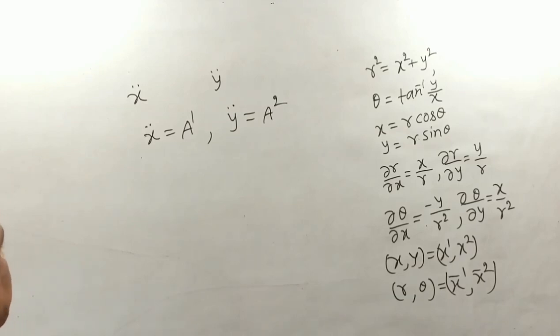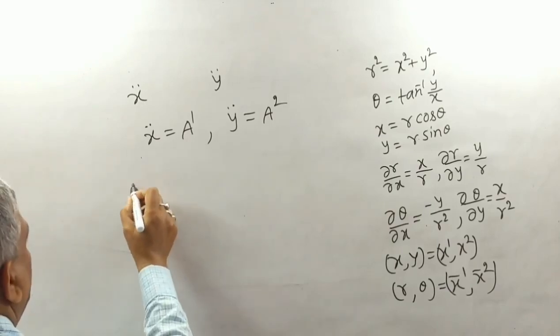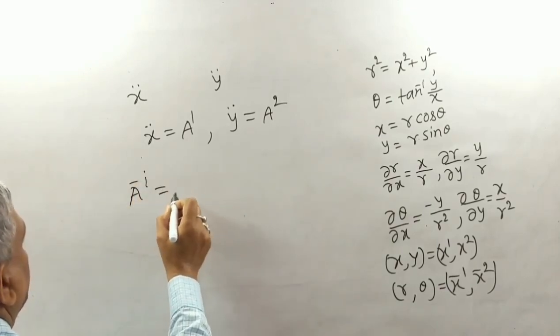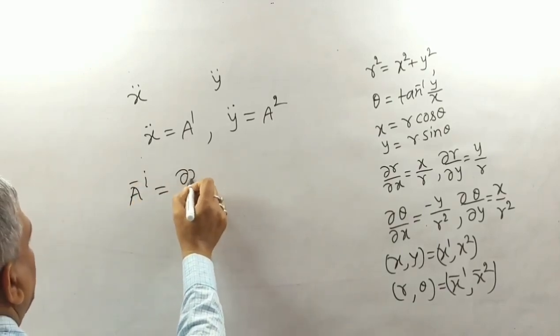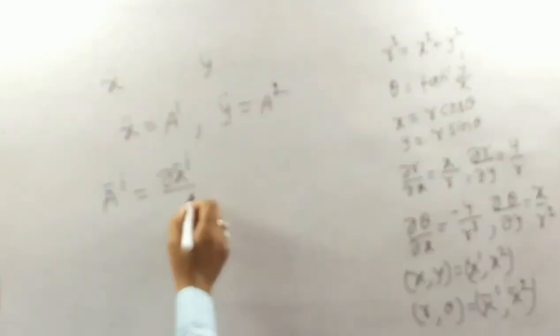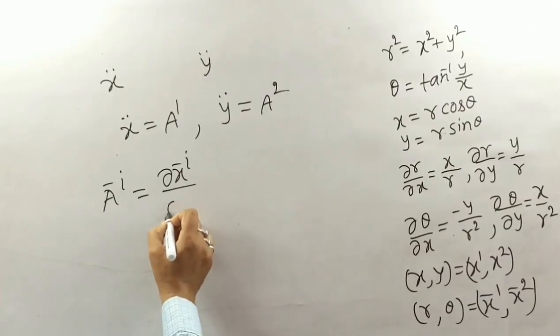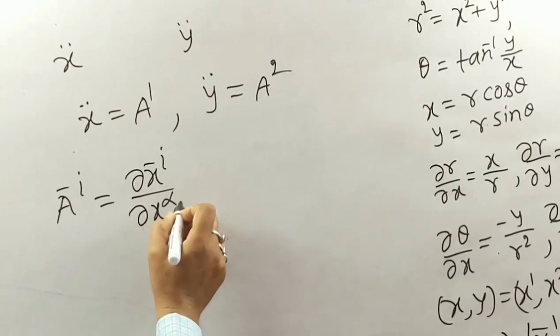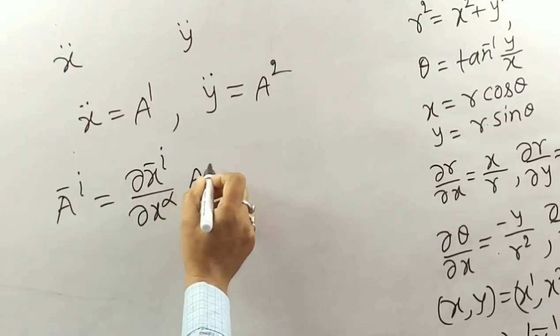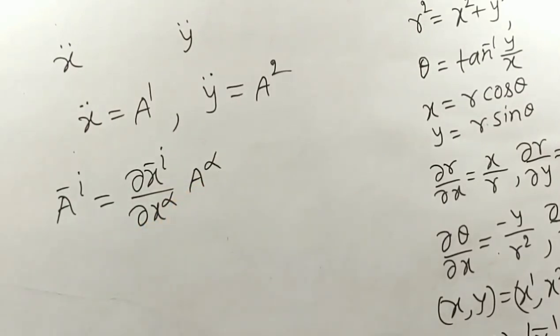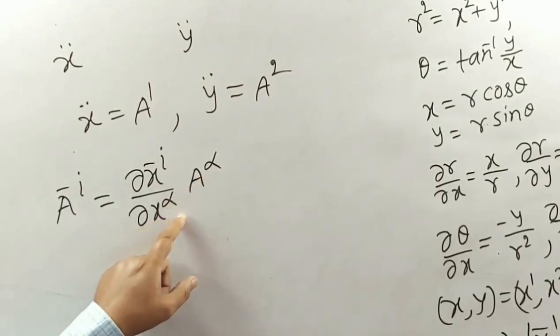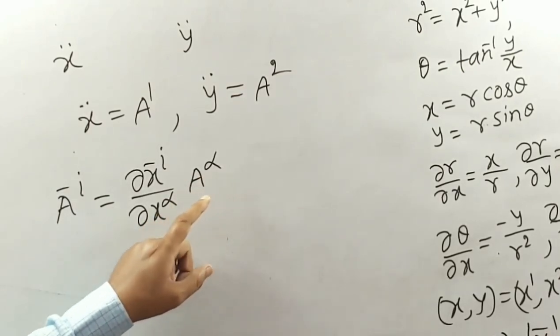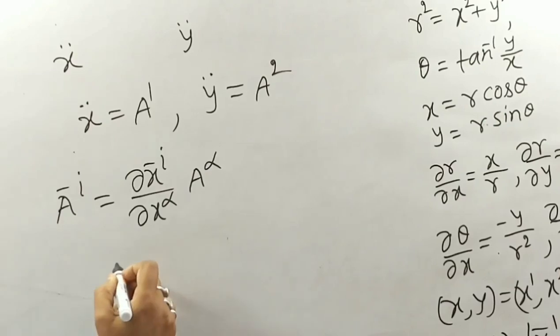Now, according to the tensor law of transformation for contravariant vectors, a bar i equal to del x bar i by del x alpha times a alpha. Here alpha is the dummy suffix, so it represents summation.